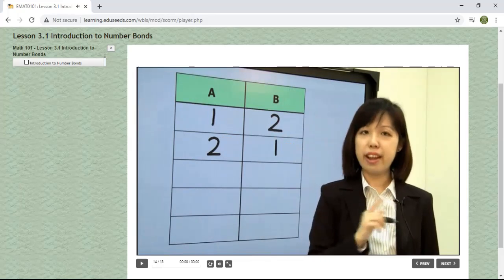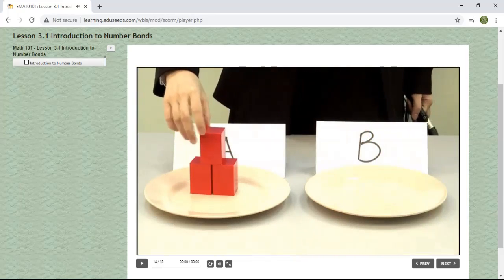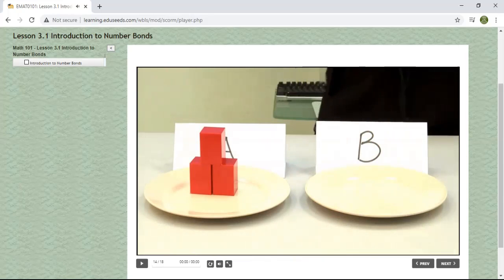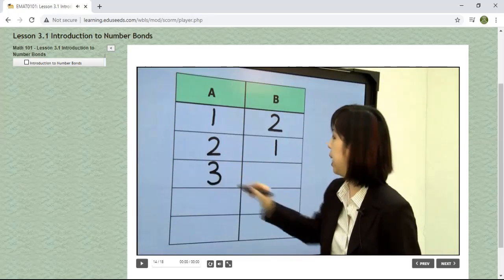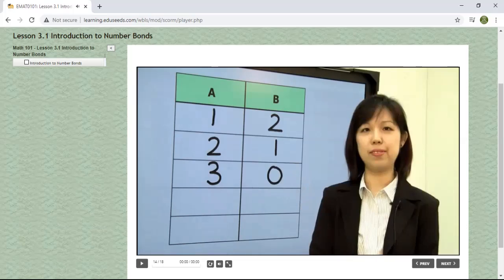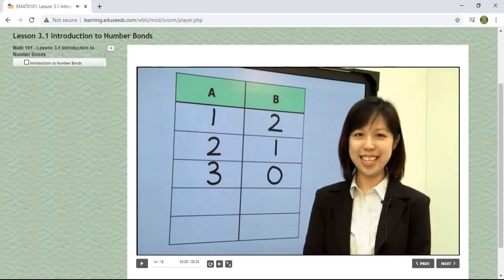Now, if I put everything onto plate A, I will have none in B, and this gives me another set of number bonds, which gives me 3 in A, 0 in B. There is one last set of number bonds. Do you know what that is?